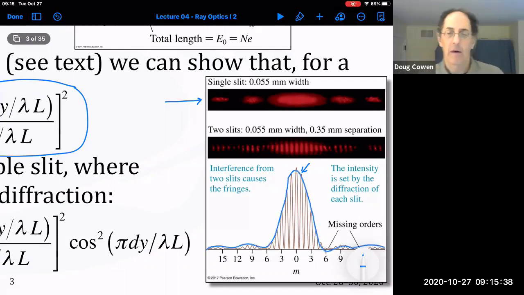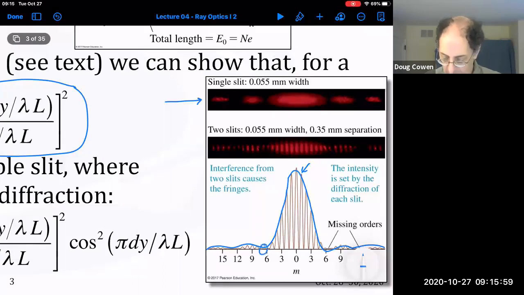So there's the diffraction envelope that causes this interference pattern to be suppressed in some places and allowed in other places. It's basically suppressed everywhere we go off of the central maximum, but it's suppressed to varying degrees.